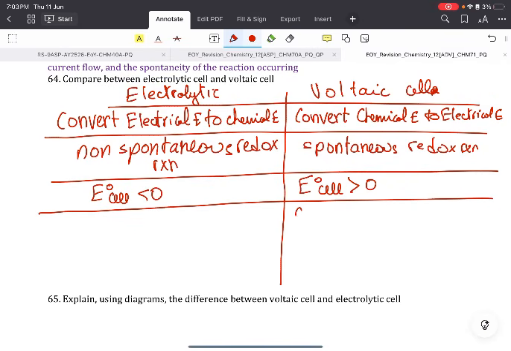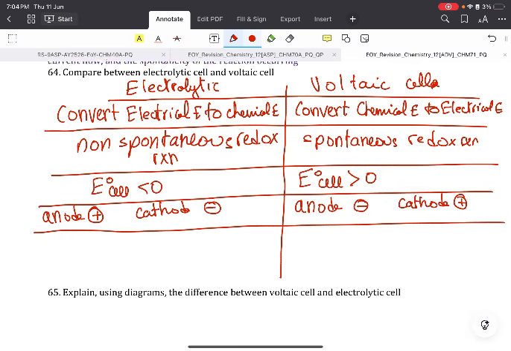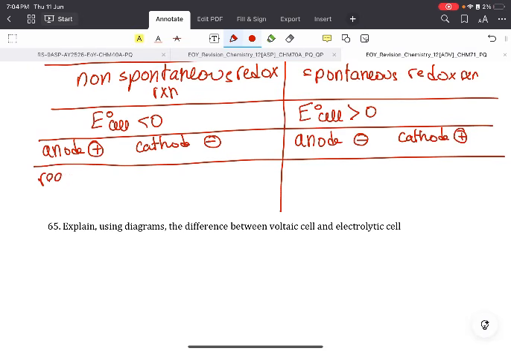Now, in the voltaic, the anode is the negative electrode and the cathode is the positive electrode, and that's different. Here, the anode is the positive electrode and the cathode is the negative electrode. Next, this one requires a power source like a battery. This one does not need a power source.